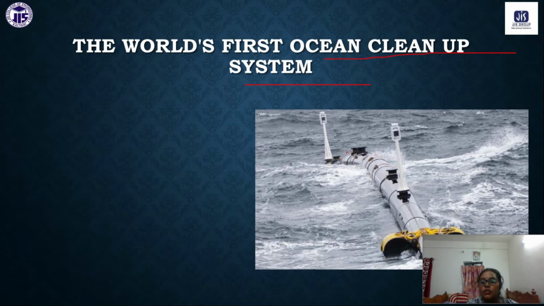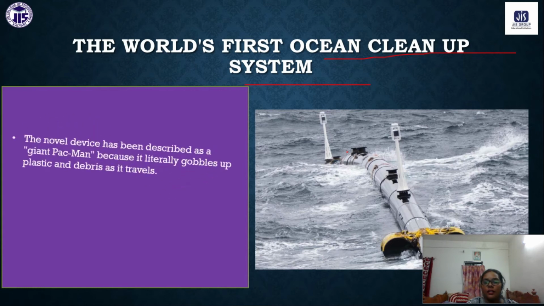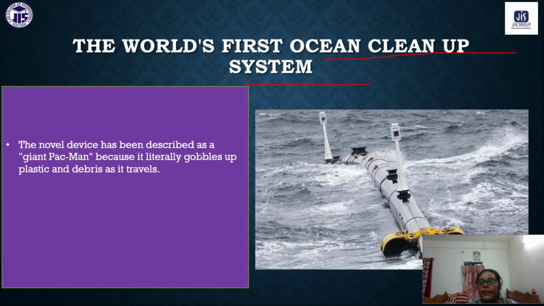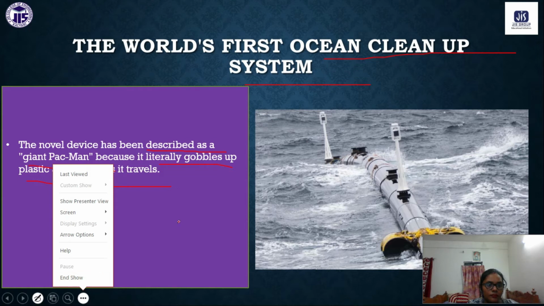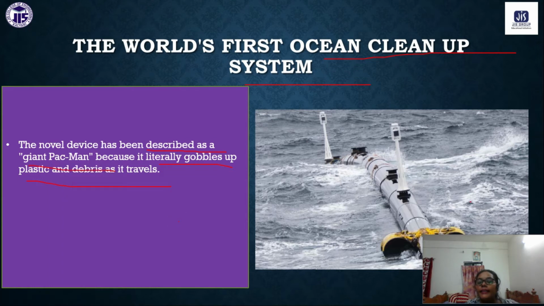Can you imagine? The novel device has been described as a giant Pac-Man, because it literally gobbled up plastic and debris as it travels. So this can take out all the pollutants from the ocean and clean the whole ocean.